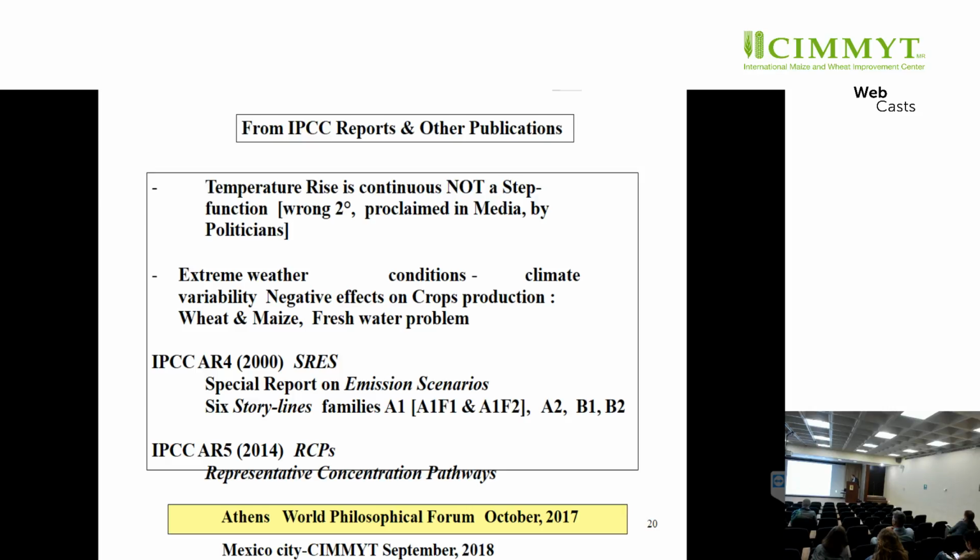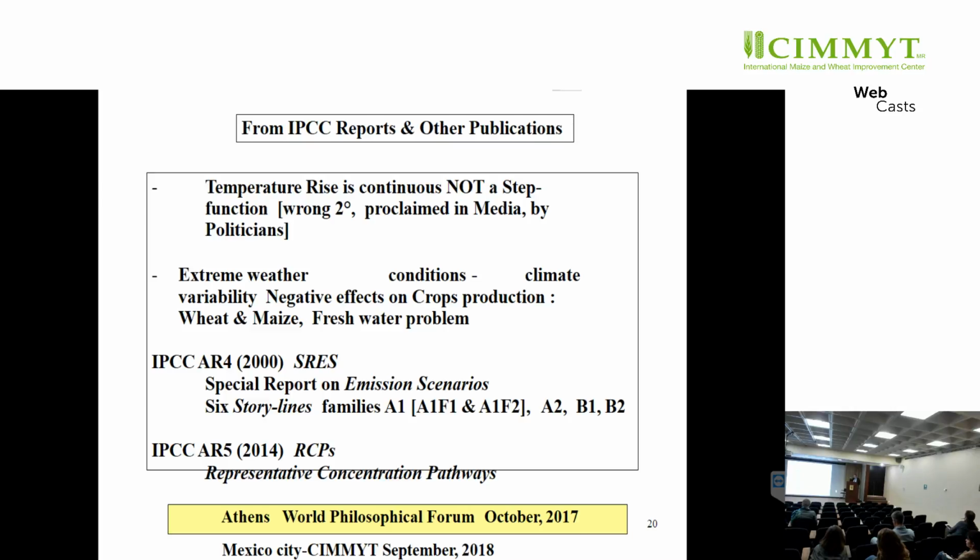And now the latest ones are the RCPs, the representative concentration pathways. What's the difference? The first one is the emissions: what do countries emit? And probably it's not very trustworthy.